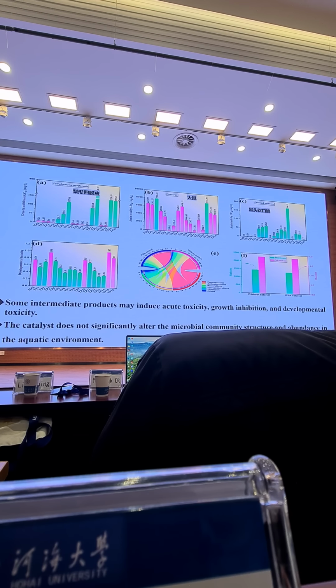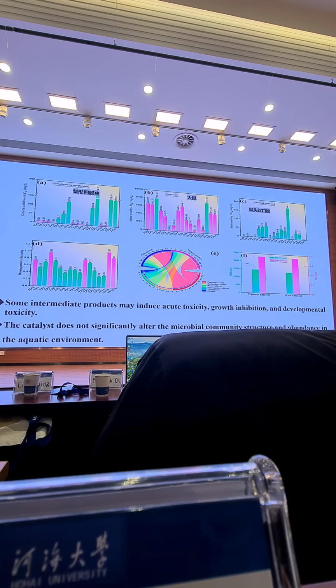So that's something related with the degradation rate constant; antibiotics reach as high as 0.82 per minute, and the mineralization rate of antibiotics exceeds 60% within 15 minutes. We also can remove others, all above 80%.